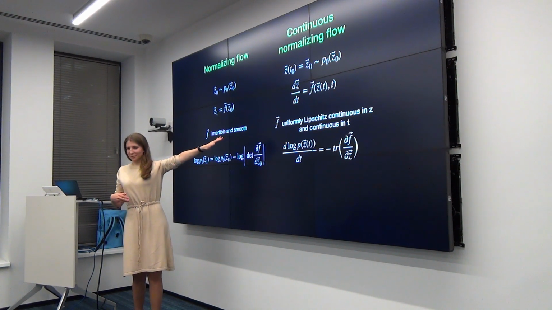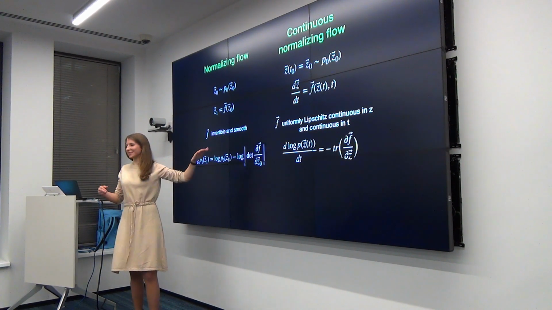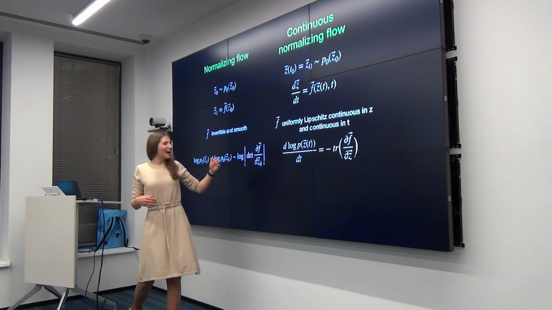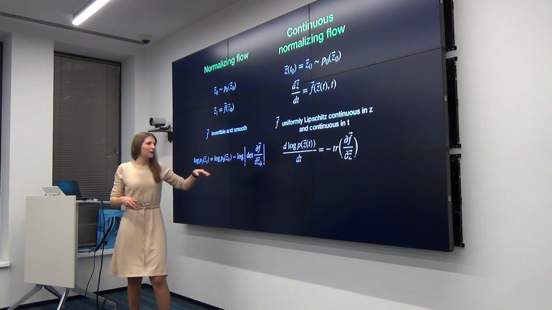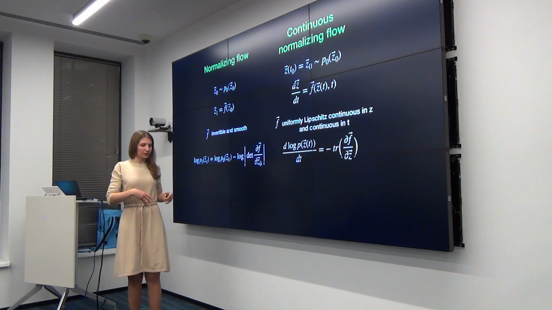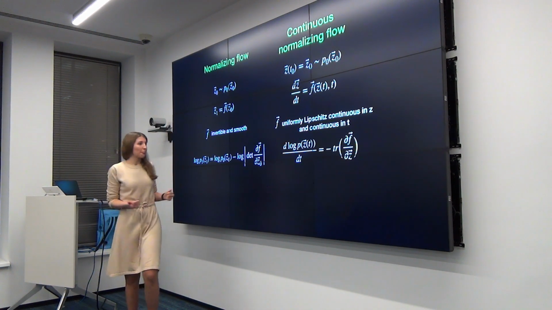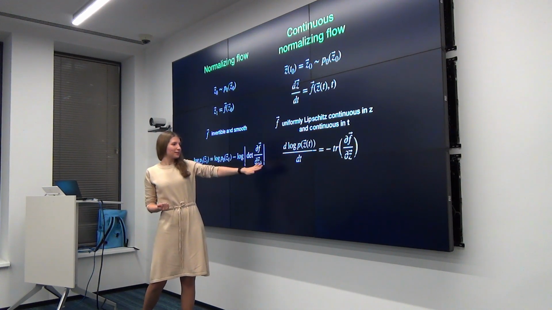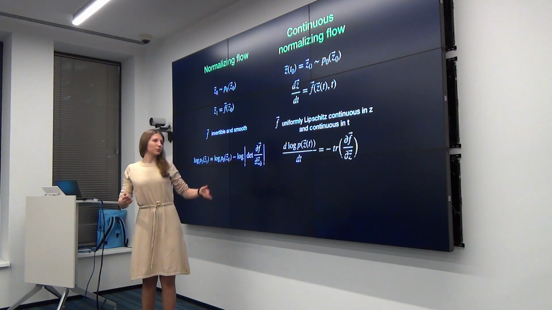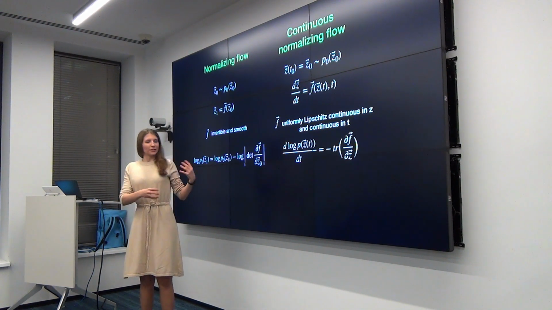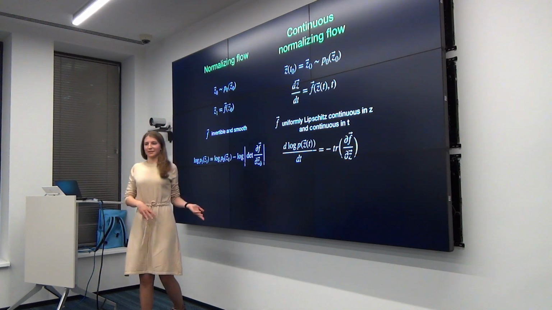It's the meaning of the words "enough good" that was in the previous slides. These conditions get us uniqueness of the solution of the ODE. And we have dynamics using which we can perform continuous transformation of our density.